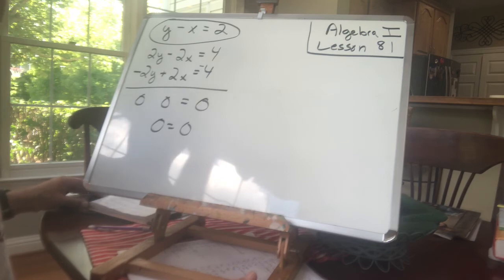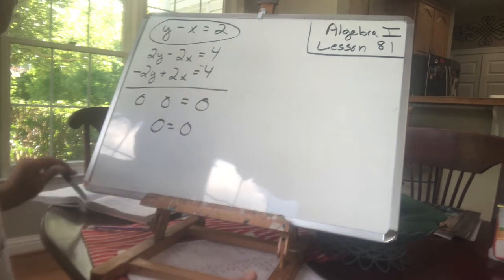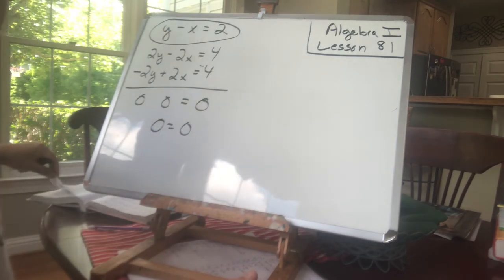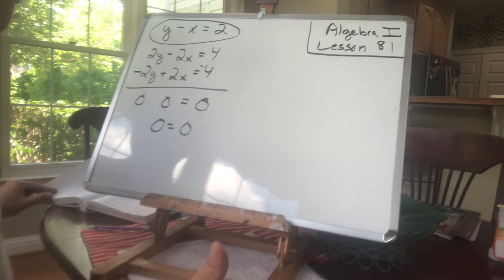All right. So now you have enough information to do lesson 81 and find out if they are consistent equations, inconsistent equations, or dependent equations. Consistent equations: the graphs of consistent equations will intersect.